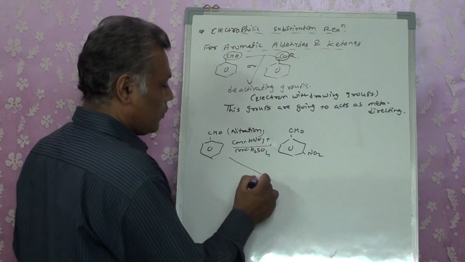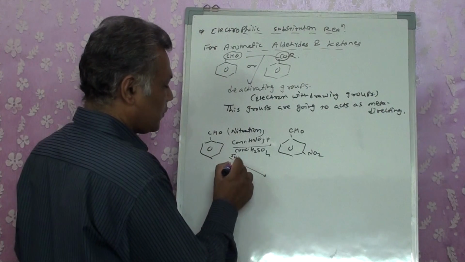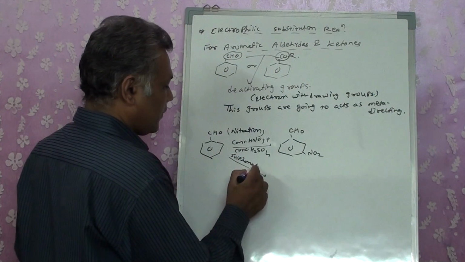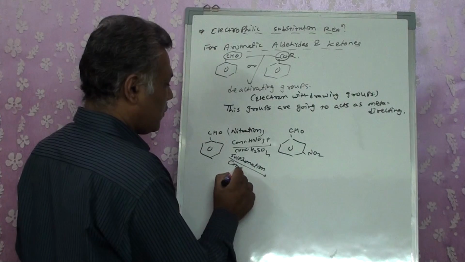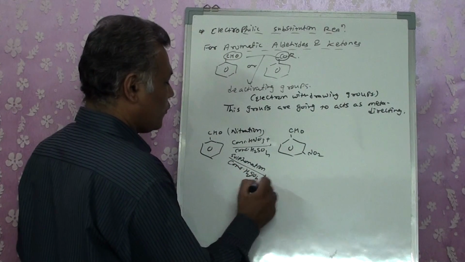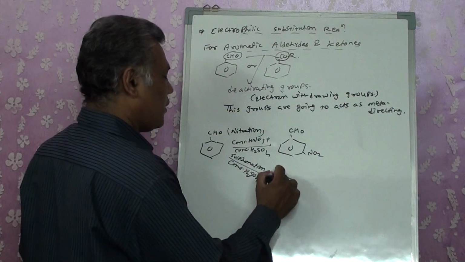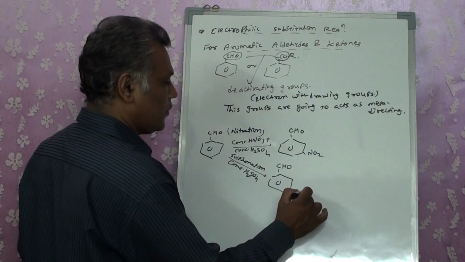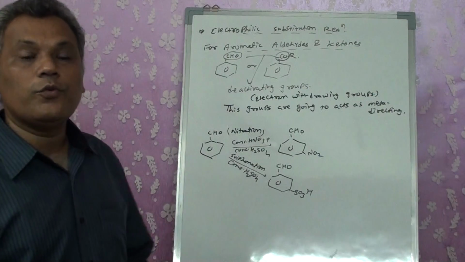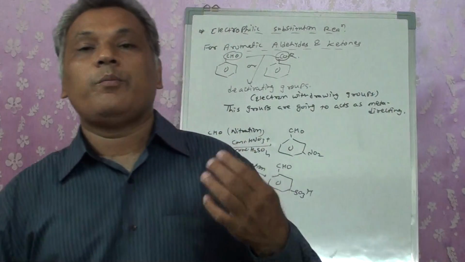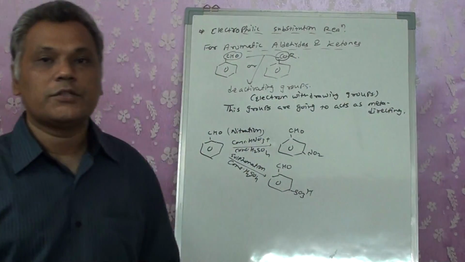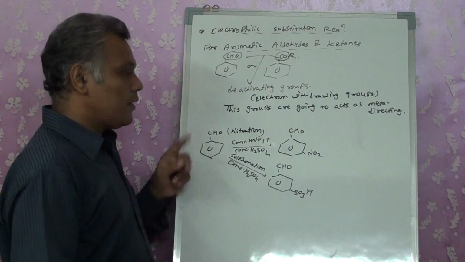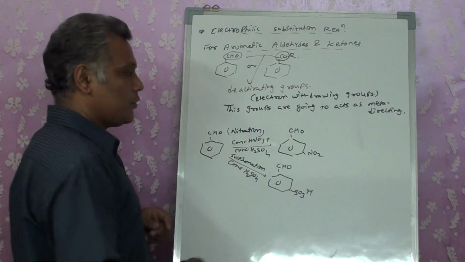If I am going for sulfonation, that means concentrated H2SO4, I am going to get again the component to react on meta position. So they are going to give me meta, right? Maybe chlorination, bromination reactions are taking place. Aldehyde, it will produce meta position.